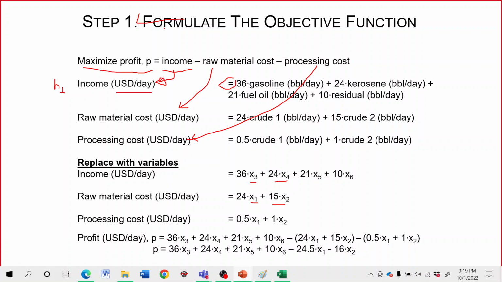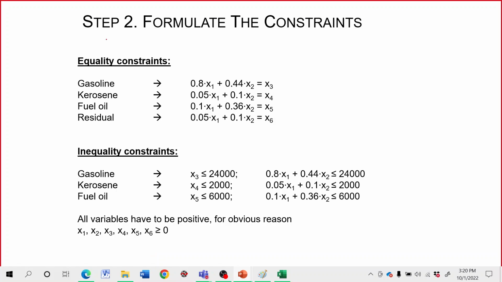And then the profit, you can simply put in 36 X3 and so on and so forth, and then minus this one, and minus that one. So you have this kind of equation. Okay, with me so far? I hope you're with me so far. And then we know that the equality constraints, yeah.